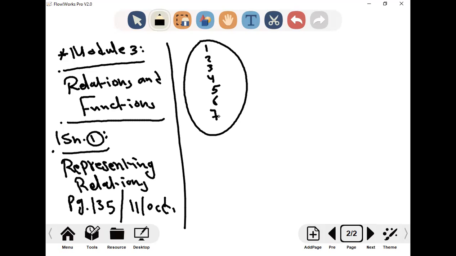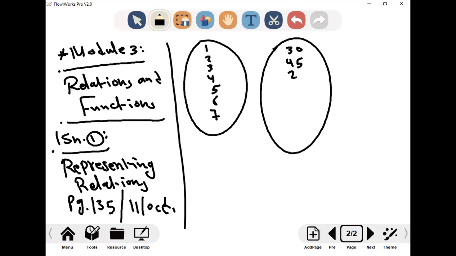And the set 30, 45, 20, 40, 45, 90, 60. The other set is for the minutes.